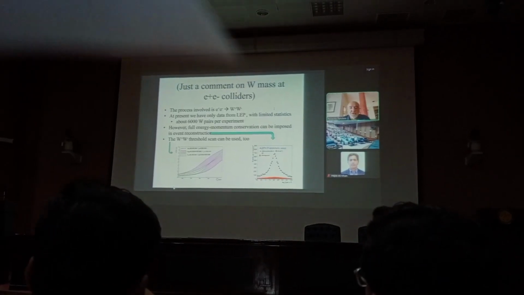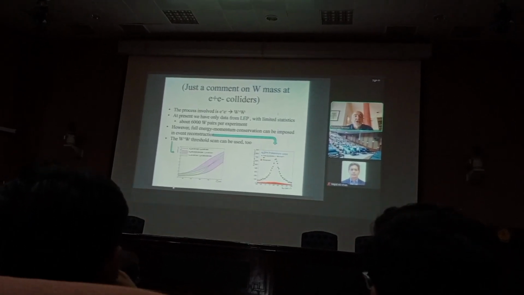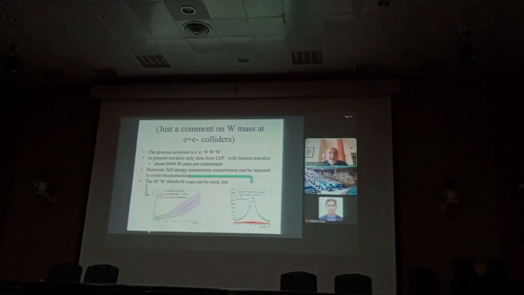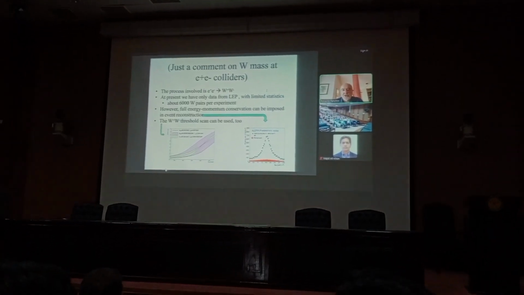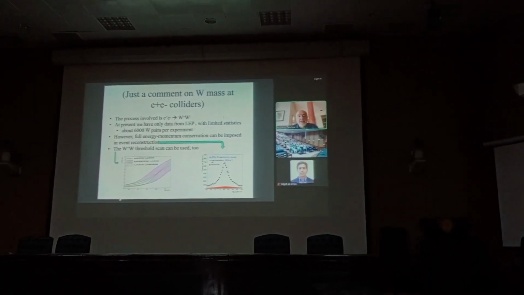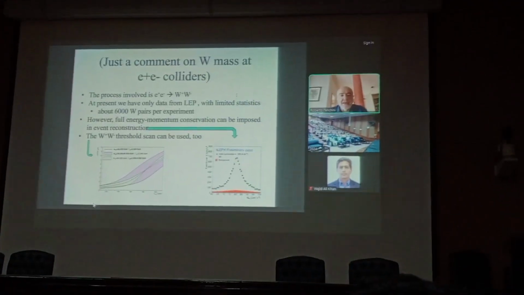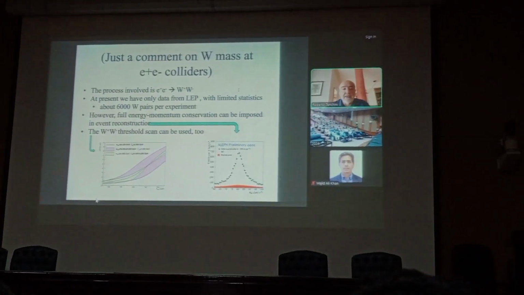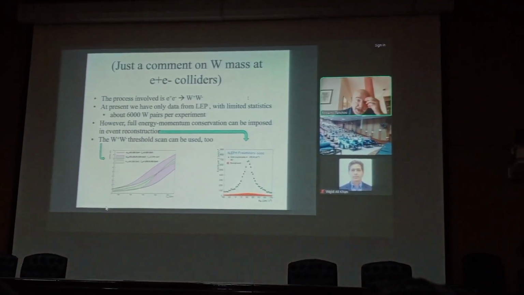It is e plus e minus to W plus W minus, so you have typically pairs of W. You can have also single W's at electron colliders, but it is not convenient, the cross-section is lower. So you have a pair of W, and since you can apply in an electron collider the full energy and momentum conservation, also in the longitudinal direction, you can impose the constraint.